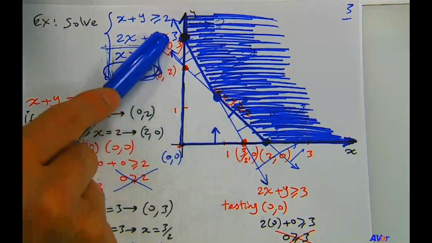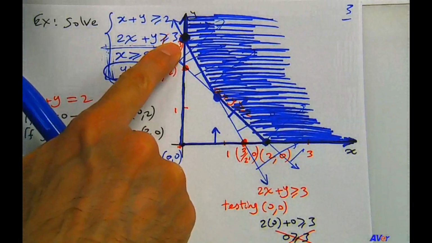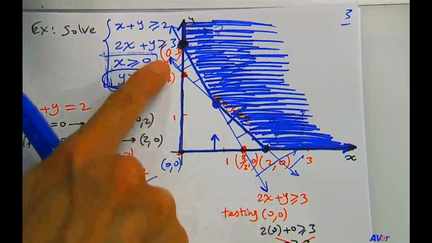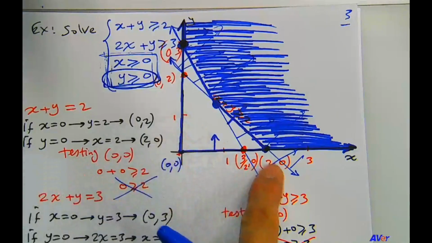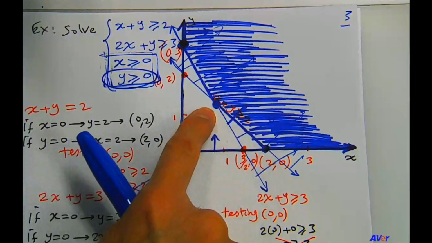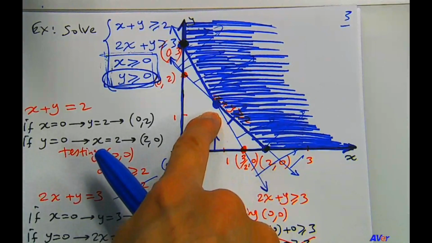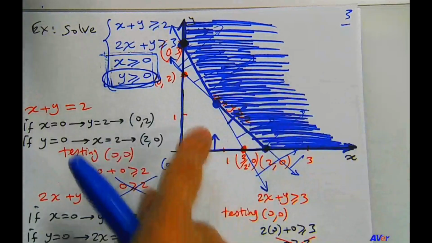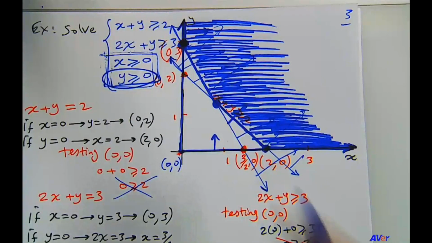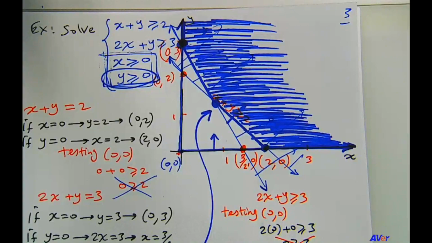So in this case, we have the coordinates of that point. It's 0, 3. We already know that. That's 0, 3. We know this one. That's 2, 0. But we don't know this one. In section 4.2, we have to find the coordinates of that. So why not start from now? So let's see how we can find the coordinates of that point.